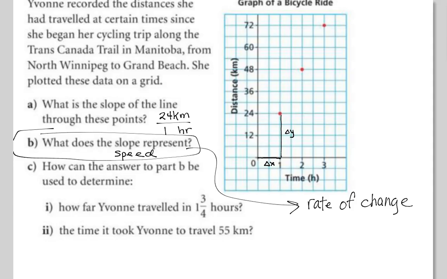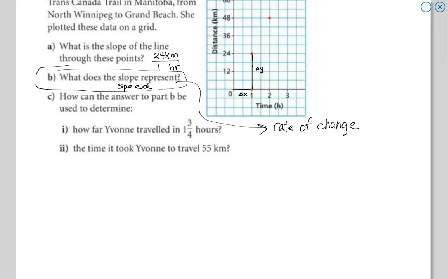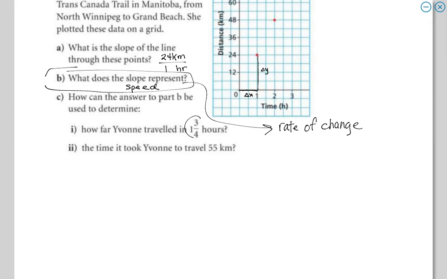How can the answer to part B be used to determine how far Yvonne traveled in 1 3/4 hours? So what we can do is use those units to help us out. 1 3/4 would be 1.75 hours. And the question is what? How far.